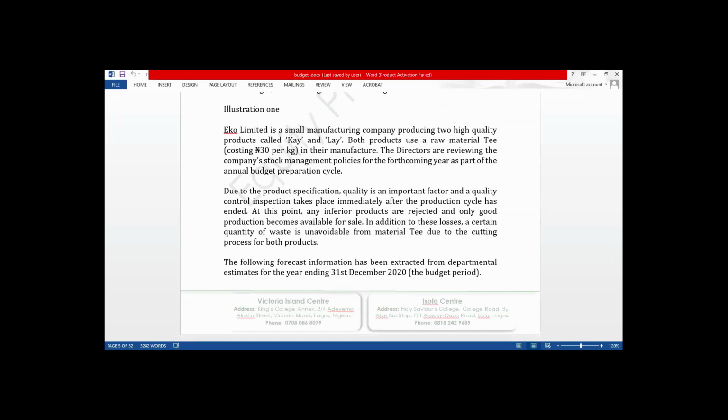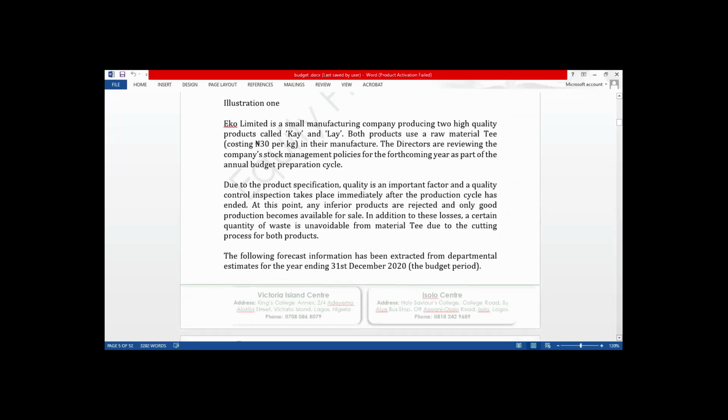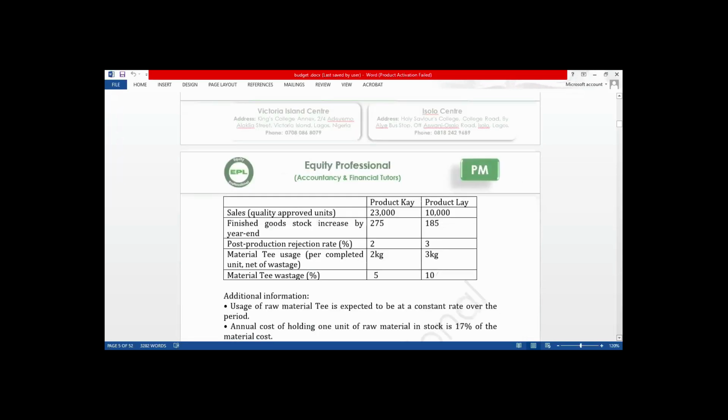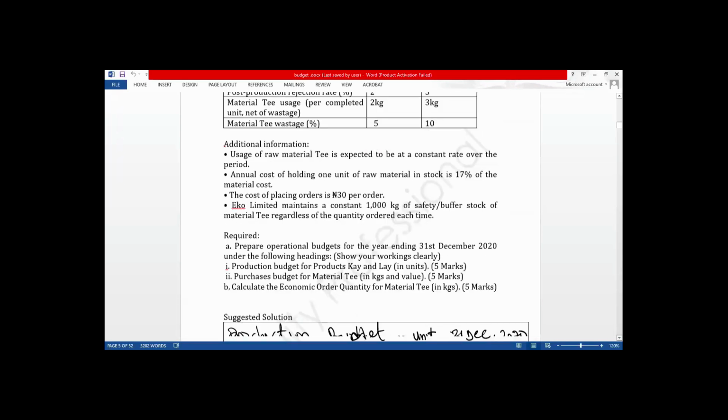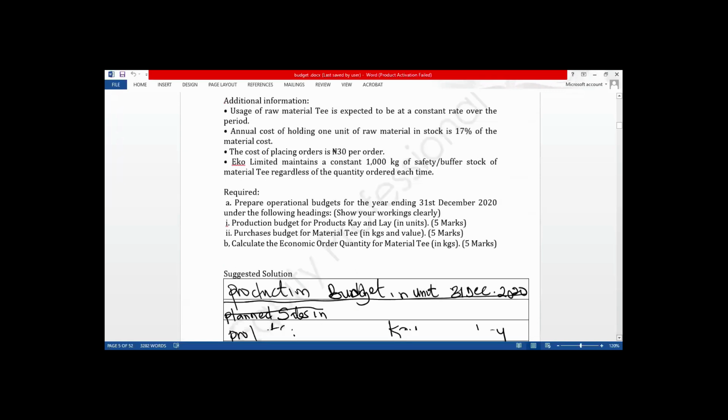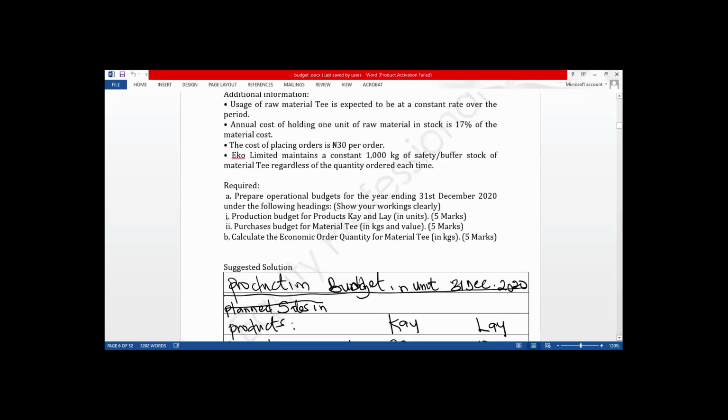This question is on functional budgets. We are required to calculate production budget, purchase budget, and we calculated the economic order quantity.